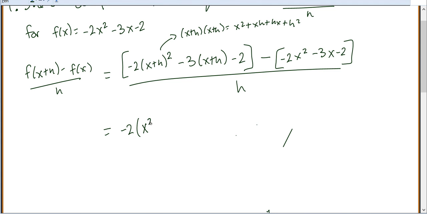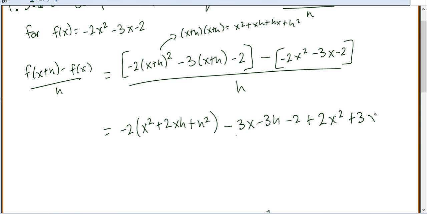So let's do x squared plus 2xh plus h squared. Minus, now 3 times x plus h is going to be minus 3x minus 3h minus 2. Now let's distribute this negative through. So we're going to have plus 2x squared plus 3x plus 2. And this is all over h.